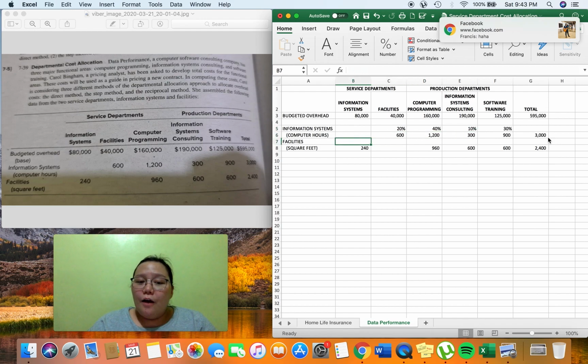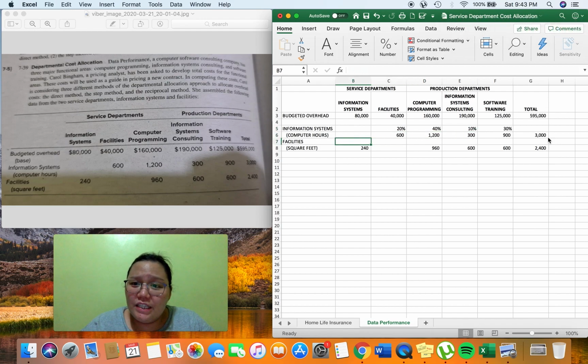Now, same procedure for the facilities. So in order to compute the percentage of benefit provided, 240 divided by 2,400, we also get 10%. And then we have 960 divided by 2,400. This is equal to 40%. 600 divided by 2,400, 25%.